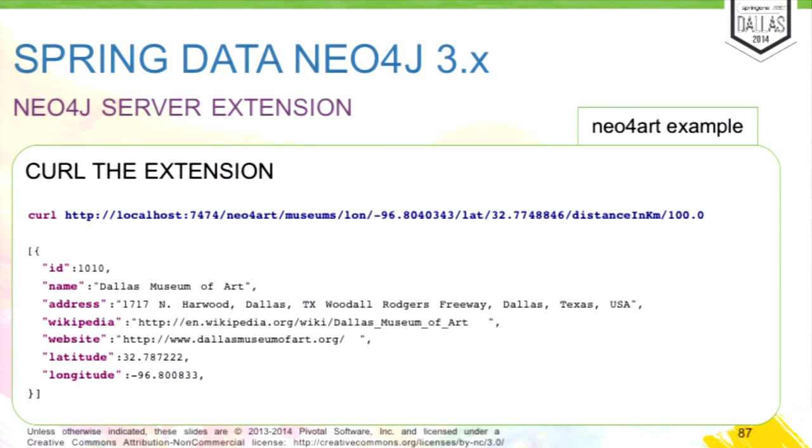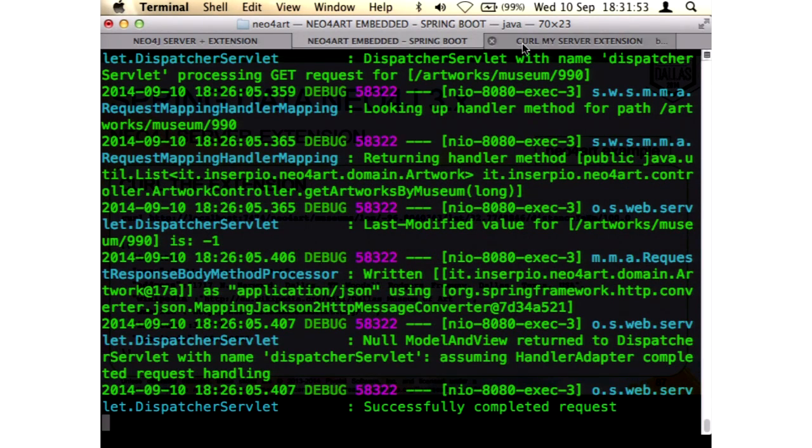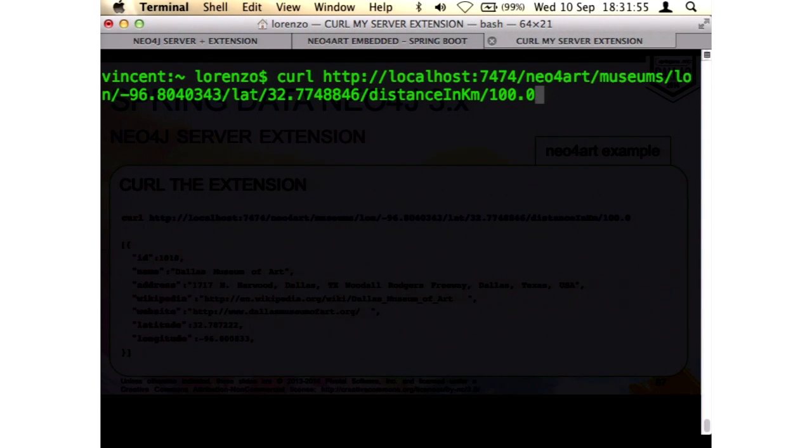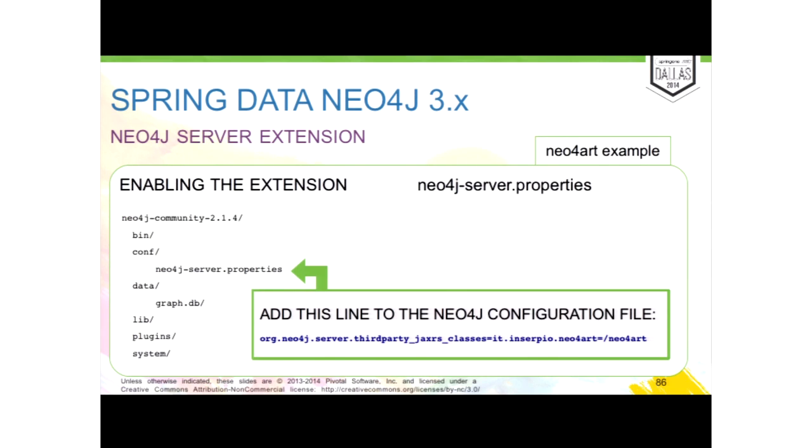And of course, we could curl our server extension. So if I run this curl statement against the extended database, please look at the Neo4art, which is the information that I actually configured there.